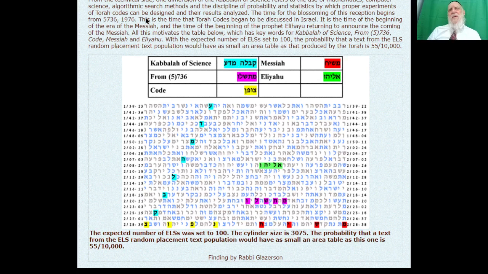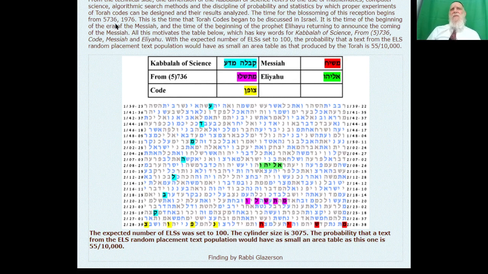Now, on the site of Professor Haralick, torahcode.us, he explains exactly what we see, from the technical side. One dimension of the Kabbalah science refers to the use of mathematics, computer science, algorithmic search methods, and the discipline of probability and statistics by which proper experiments are done.